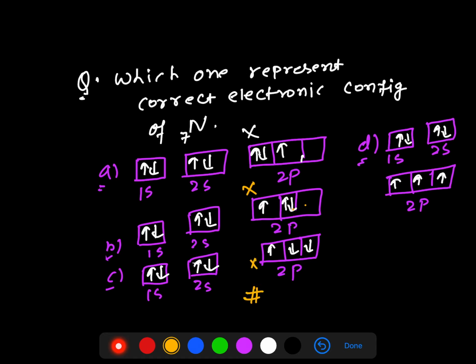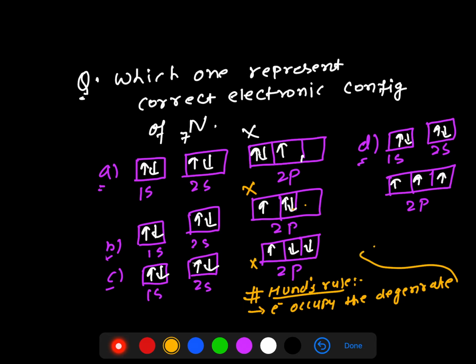But remember that one more thing I missed to say that time. According to Hund's rule, you have already known that electrons occupy the degenerate orbitals singly first, then only the pairing up starts. We have already seen this statement.